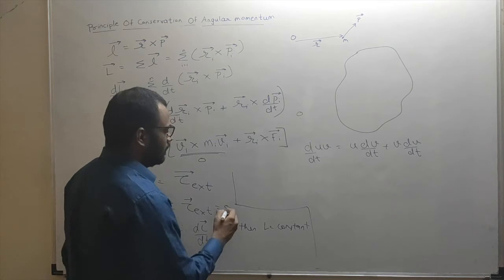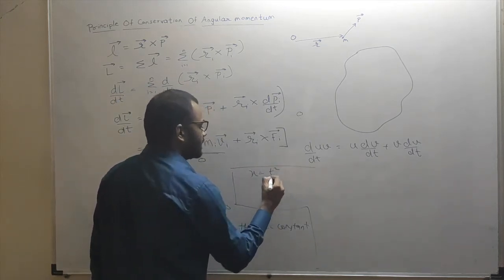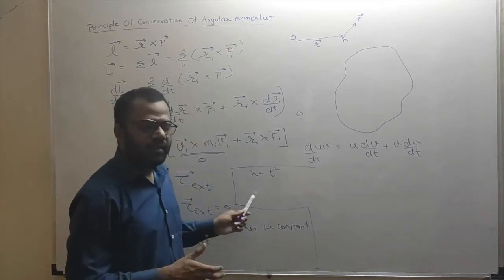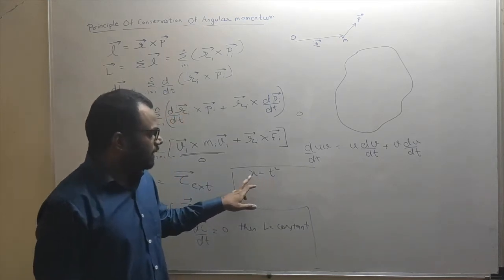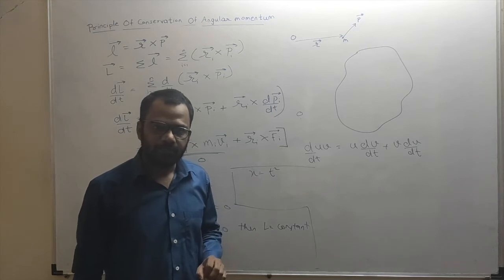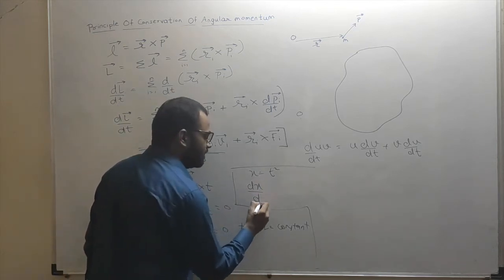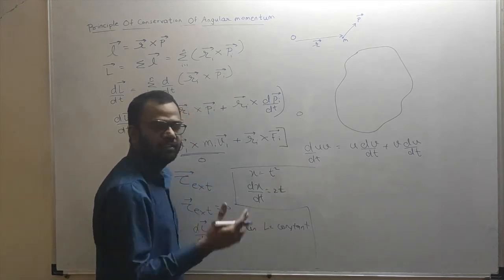That is obvious. Take this example: if x is equal to t square, where t is time, then as time changes, the value of x changes, and its derivative with respect to time is dx by dt equal to 2t. So x is not constant; x is changing with respect to time.